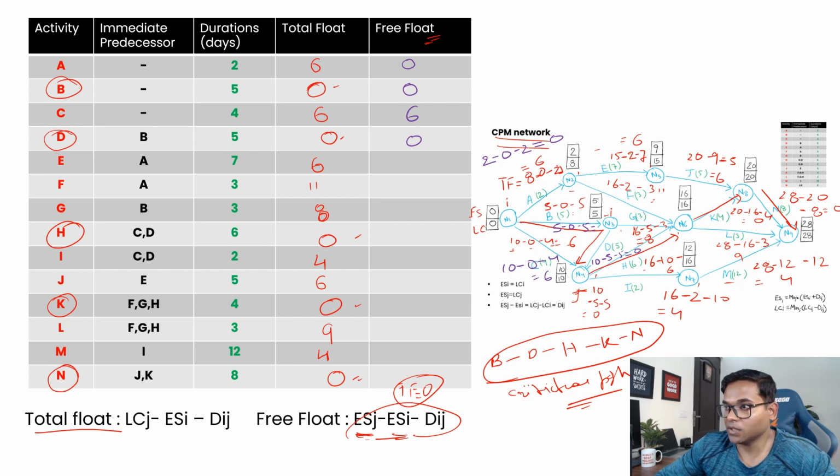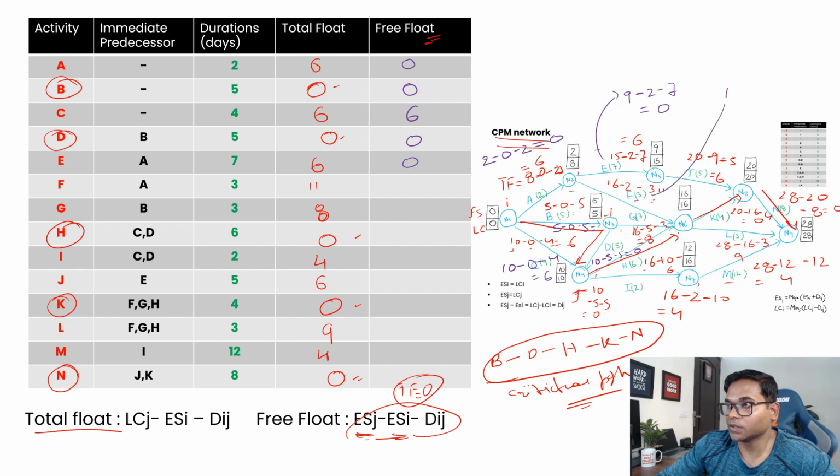Then for activity E, where is activity E? Activity E is here, and then again 9 minus 2 minus 7, that is 0. Okay, now for activity F, if you see this one, we calculate this activity.